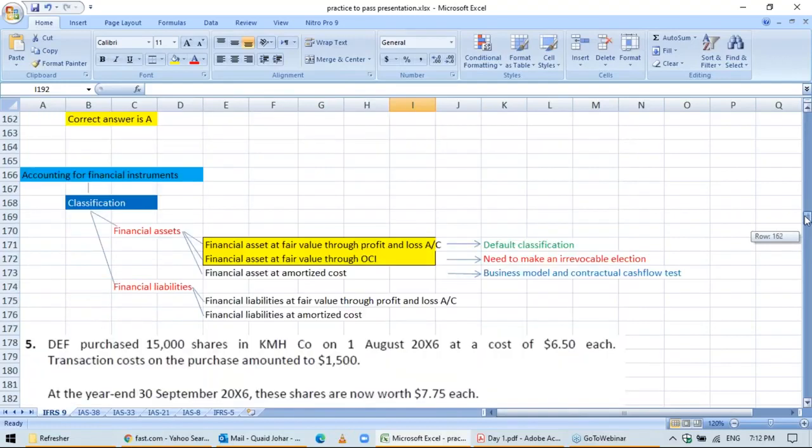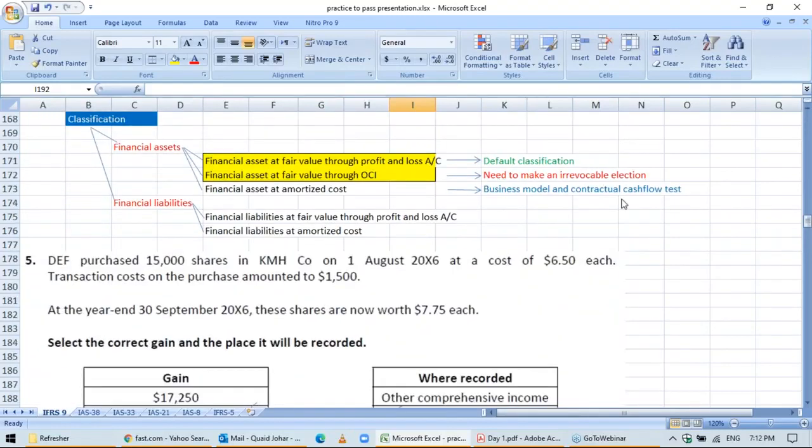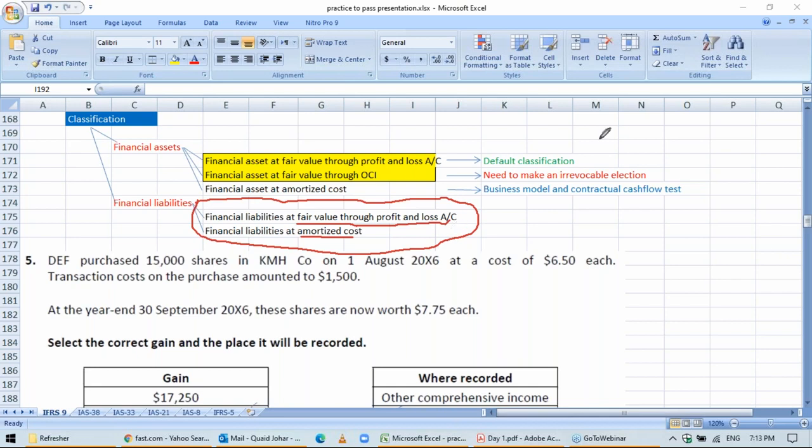So there's a diagram for the classification of liabilities. The liabilities are categorized into two classes. One is financial liability at fair value through profit and loss, and the other one is at amortized cost. If it is not held for trading, then it will be recognized at amortized cost. Okay, so let's move ahead.